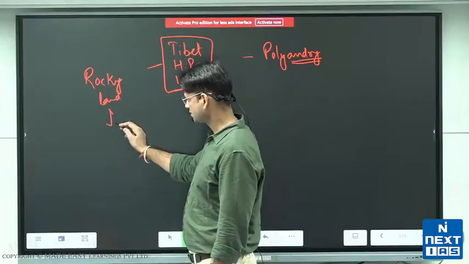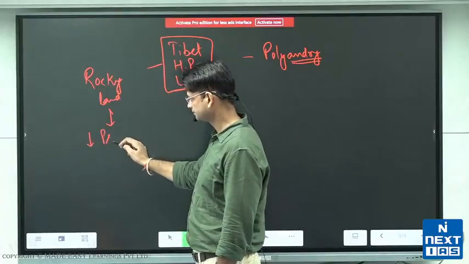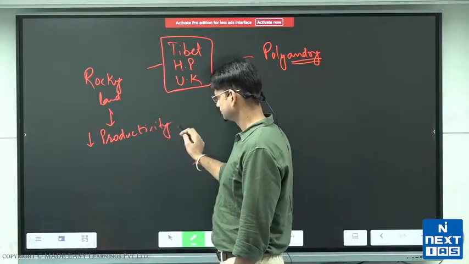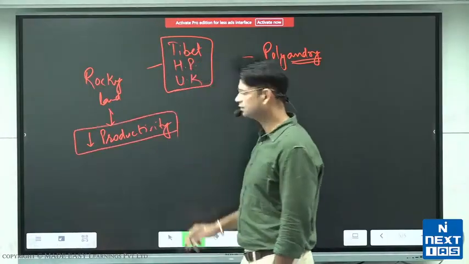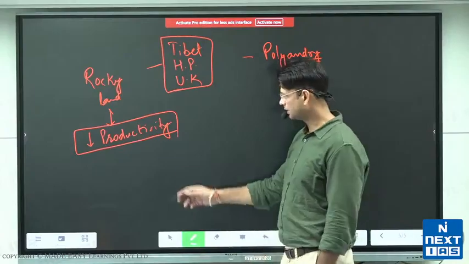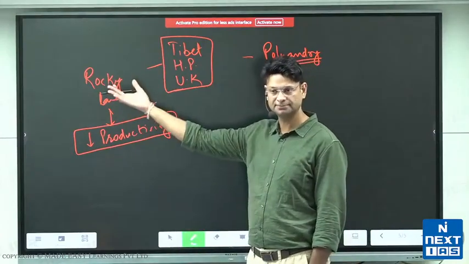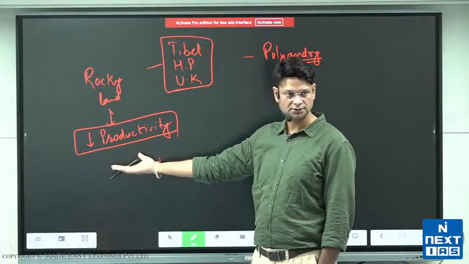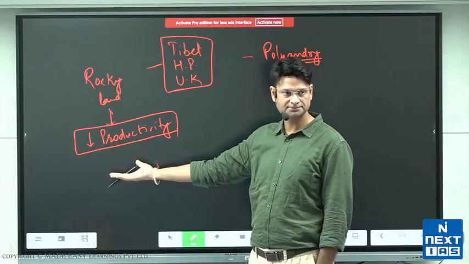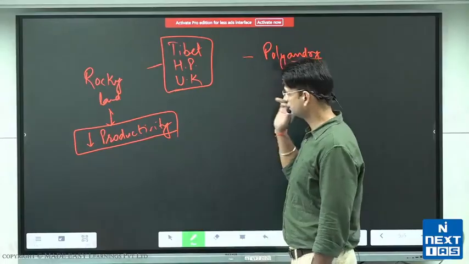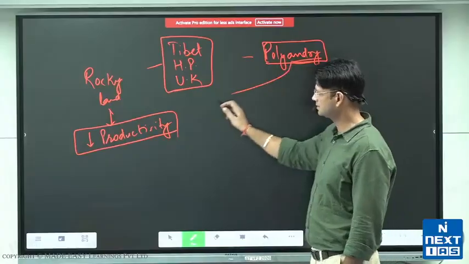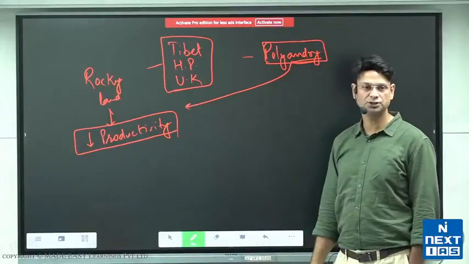Right? That means less productivity, especially in the past. प्रोडक्टिविटी क्या होगा? कम होगी. अब अगर पॉपुलेशन की ग्रोथ ज्यादा हो जाए तो they won't be able to adjust with those resources that are available in that area. ठीक है? So what they have done, they have devised this polyandrous marriage as an adaptation to this reduced productivity.